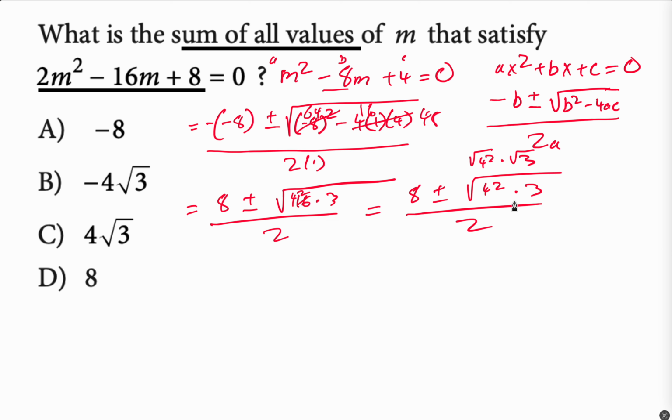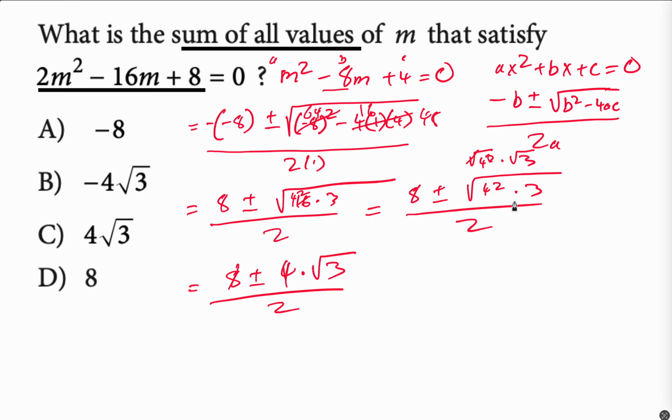And the square root of 4 squared, you can cancel that out, so basically you have 4. So this gives us 8 plus or minus 4 times the square root of 3, everything over 2.